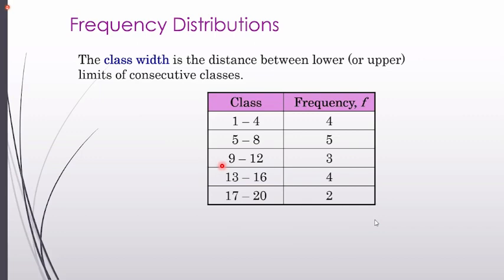Then class width. The class width is the distance between the lower or upper limits of the consecutive classes. Right? So now you tell the class width. What is the class width for this frequency distribution?